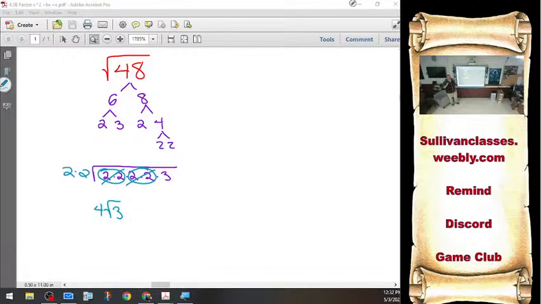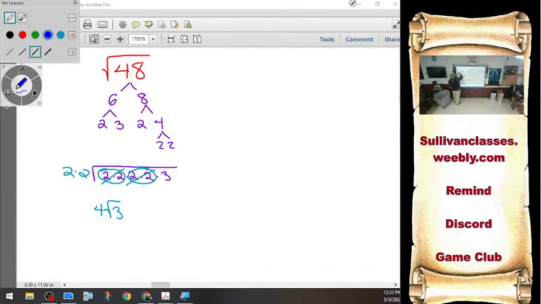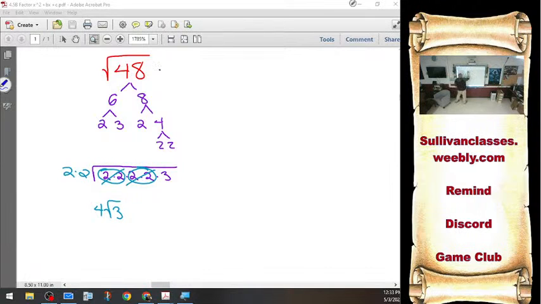The other way involved these perfect squares. If I'm really good with my numbers, I might be able to just rewrite that using its biggest perfect square. So I'll go to my perfect square list and find the biggest perfect square below 48. Is 48 divisible by 36?